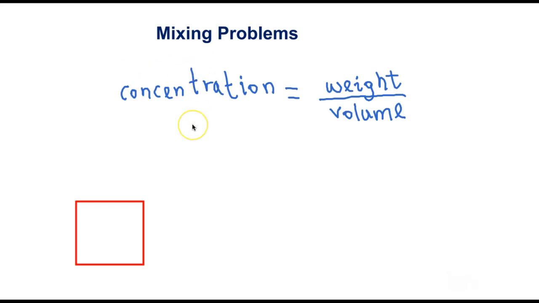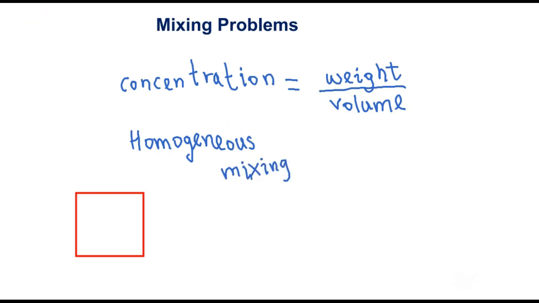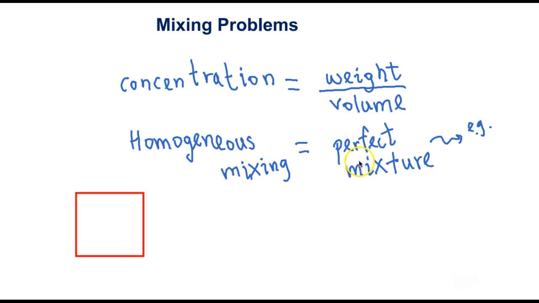And we're going to be discussing mixing problems where there are substances that are a perfect mixture in a sense, and so that term of perfection in mixing is also known as homogeneous mixing. So perfect mixture is also known as homogeneous mixing. An example of this could be sugar in water or a solution of salt in water.